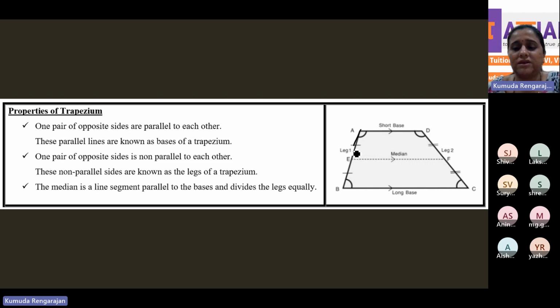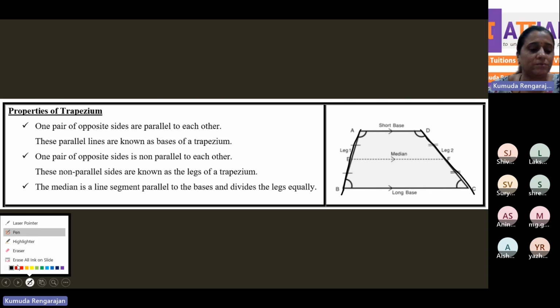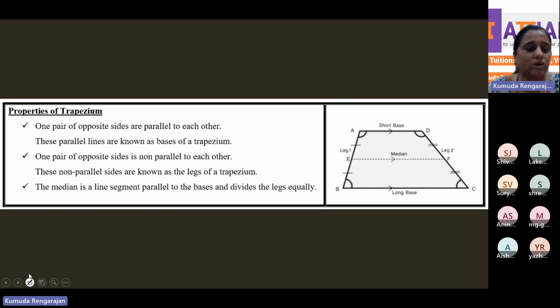The other pair of opposite sides will be non-parallel. That's why it's a trapezium. If it's a trapezium, only one pair of opposite sides are parallel. The parallel sides are called the bases and the non-parallel sides are called the legs.